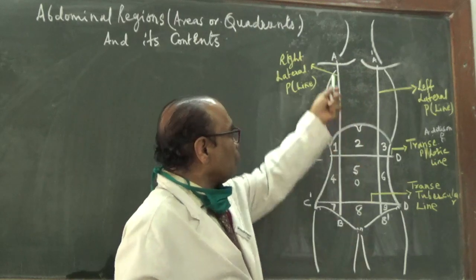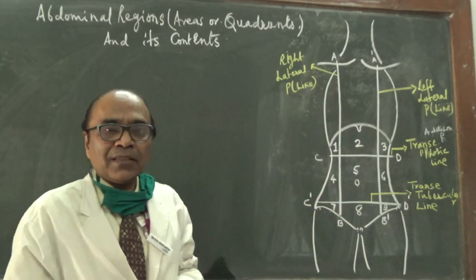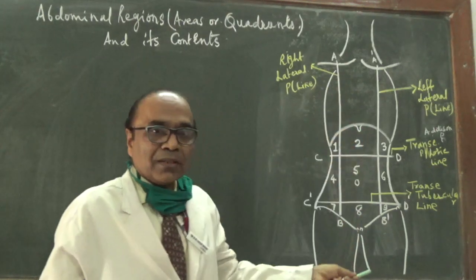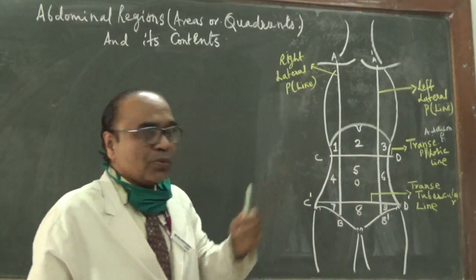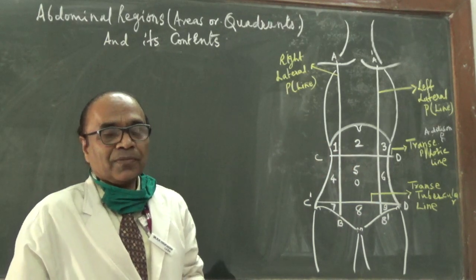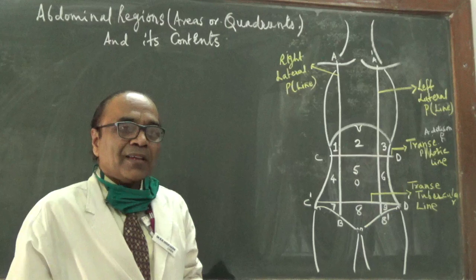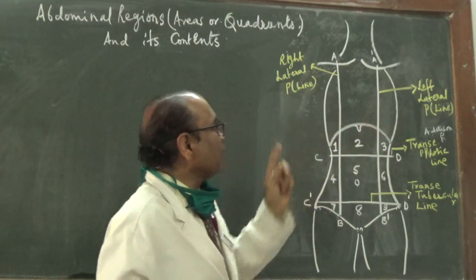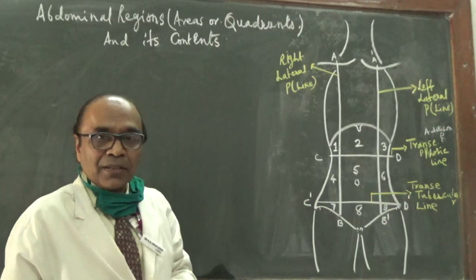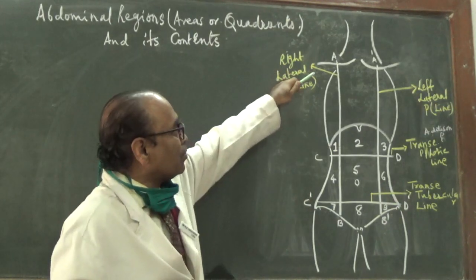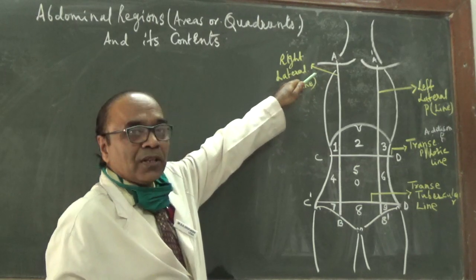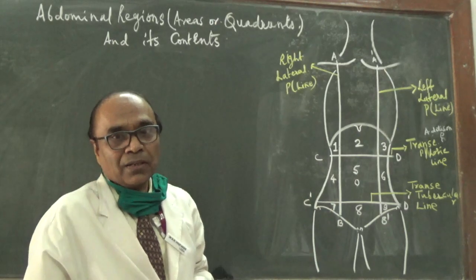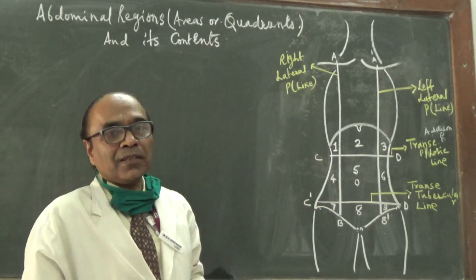These two lines are on either side of the median plane. These two sagittal lines are called the left lateral plane and right lateral plane. The one which starts from the midpoint of the clavicle to the midpoint of the inguinal ligament is an imaginary line.